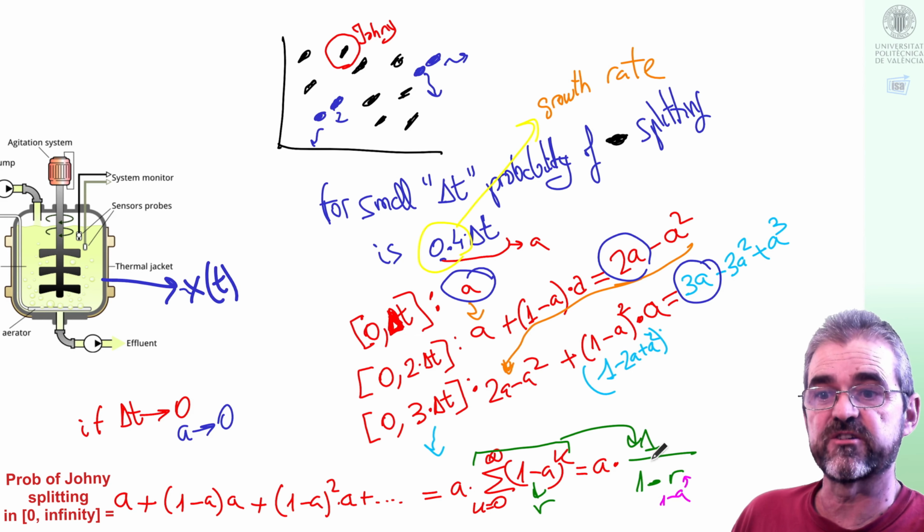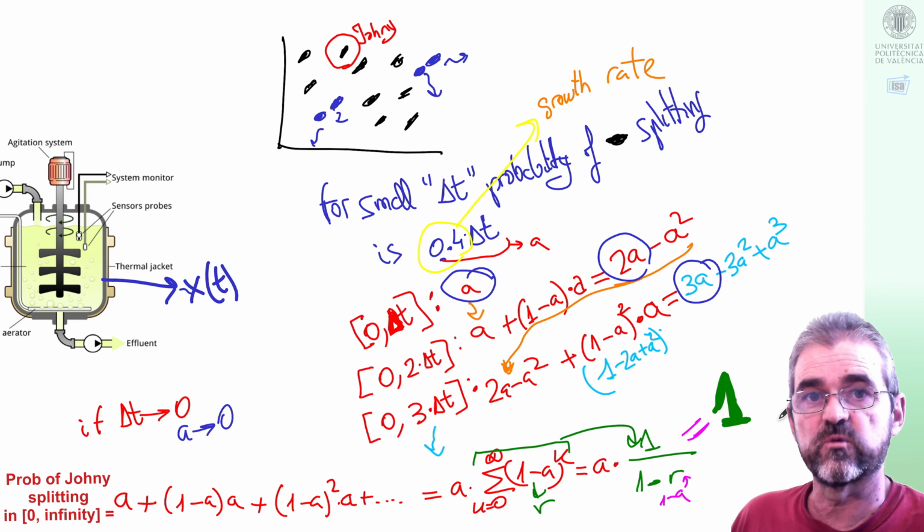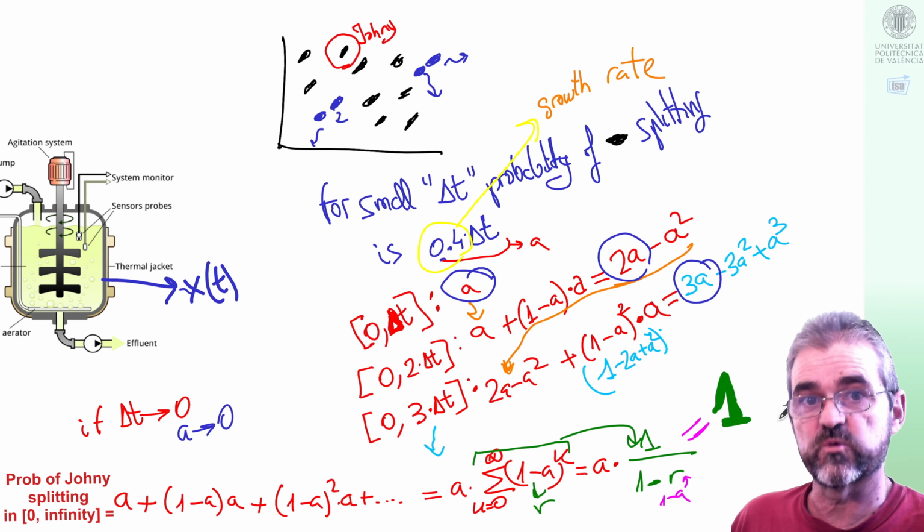So carrying out operations, indeed, this is equal to 1. So every cell will ultimately split, but in a very short time interval, the probability of splitting is proportional to that time interval length. Not so in a long time interval, in which, well, we will derive indeed the exponential growth law in a minute.